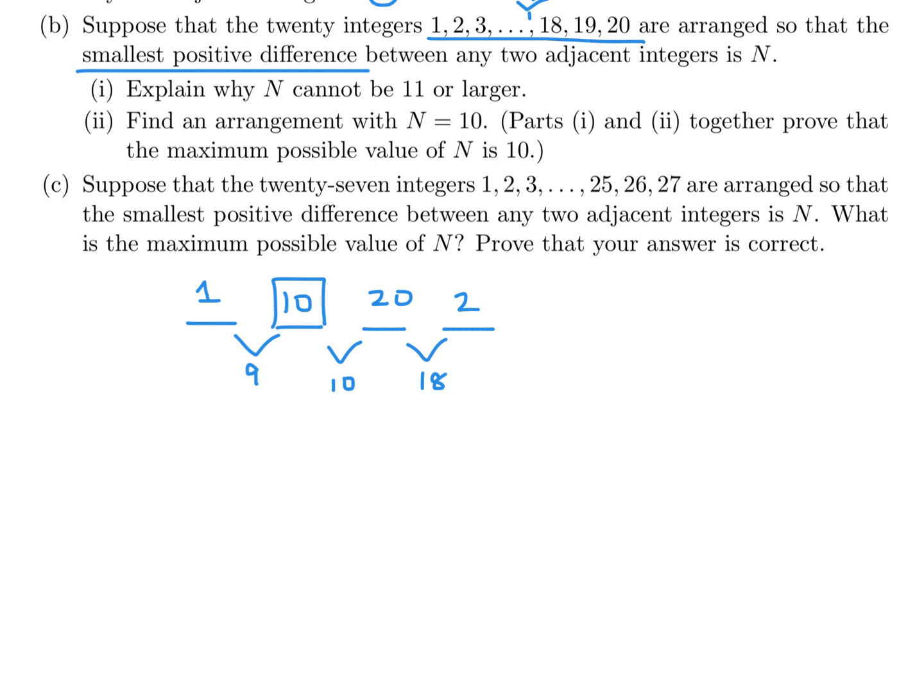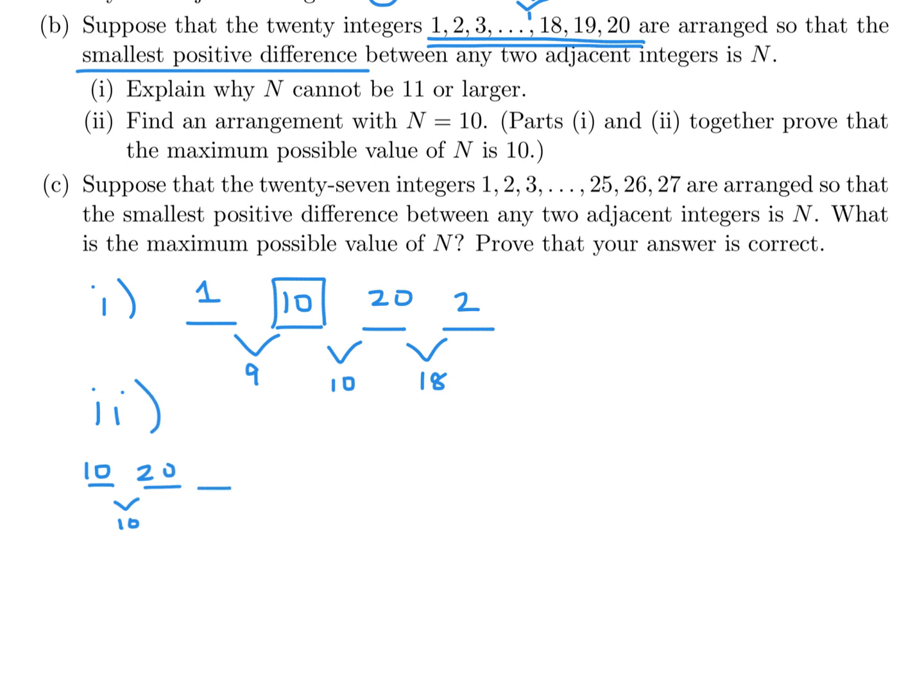All right, well, that takes care of part 1. Part 2 here, find an arrangement with n equals 10 to prove it. So I've got to arrange all these numbers. Okay, so let's start off with 10, and then let's concentrate on what I did. So that's going to be 10.